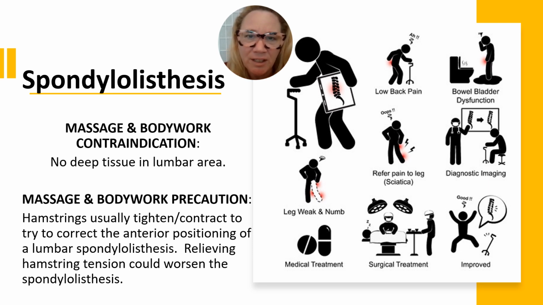If you release the tension in the hamstrings, and they might have pain in the hamstrings, most of the time they don't, but if the hamstrings are super tight and contracted and maybe even lost range of motion with that increased muscle tension and stiffness, if you release that, that might allow the vertebrae to slip even further forward and cause more pain.